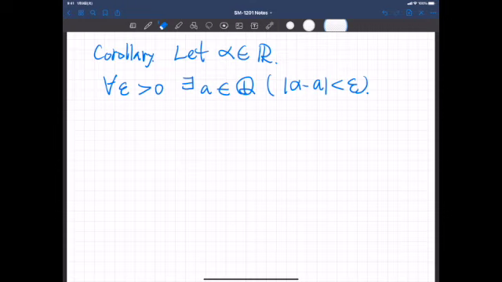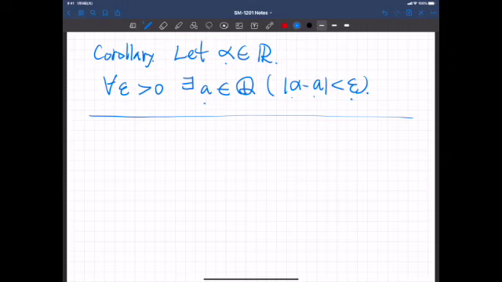So this means any real number can be approximated by a rational number to arbitrary precision. However small this epsilon is, the difference between alpha and a is less than that epsilon. Okay, so let's prove this.